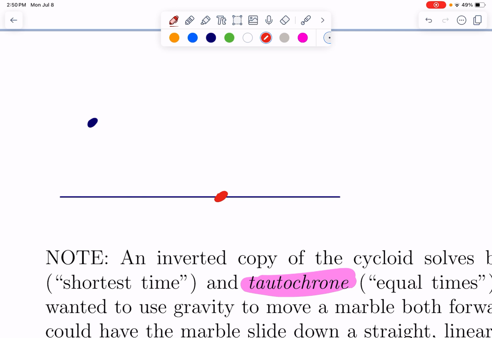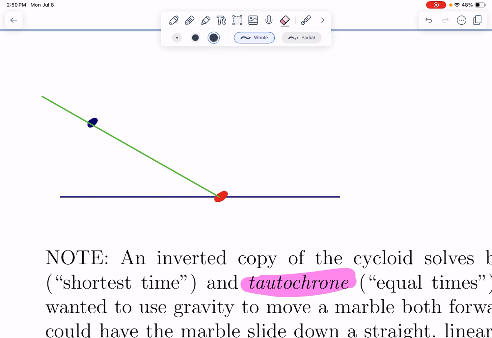Obviously, you could build a diagonal ramp, and then you could release your marble here, and it would roll down this diagonal ramp. Right? That's the shortest distance. Just make it go diagonal, and the marble will roll down and get to that target. That's the shortest distance, but it's not necessarily the fastest time because of how gravity works.